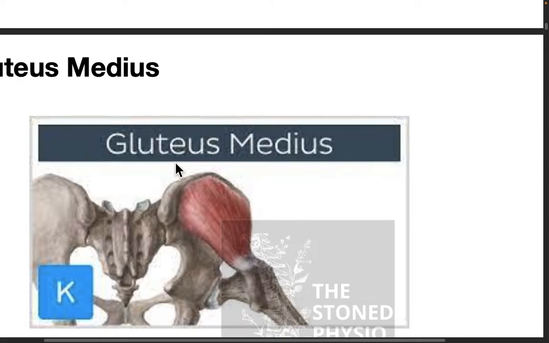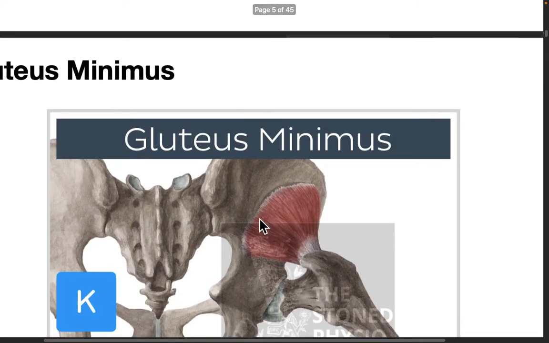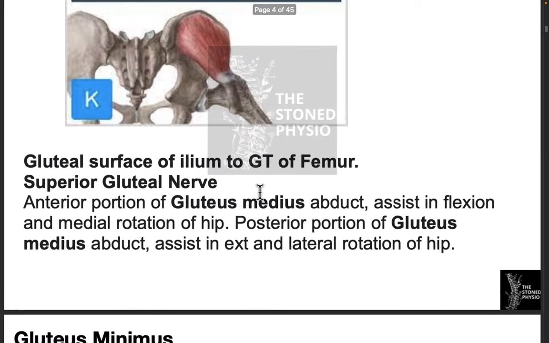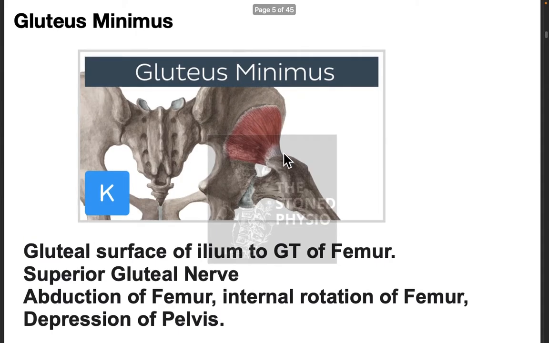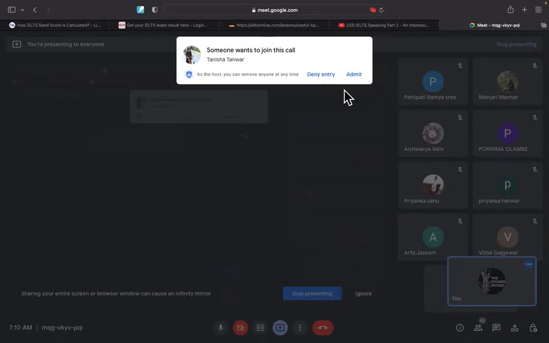But on the lateral side we have the gluteal surface, on which the gluteus medius and the gluteus minimus are attached. Both of these muscles have their distal attachment on the greater trochanter. This is the lesser trochanter, this is the greater trochanter. So they have their distal attachment on the greater trochanter, and the proximal attachment on the gluteal surface of the ilium.